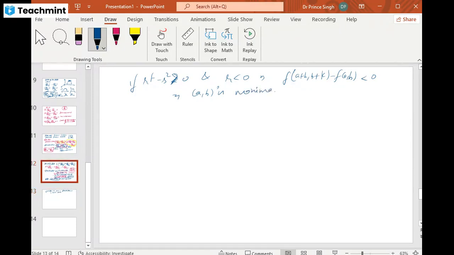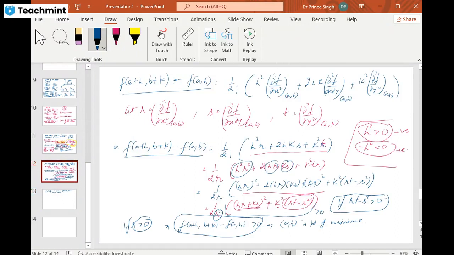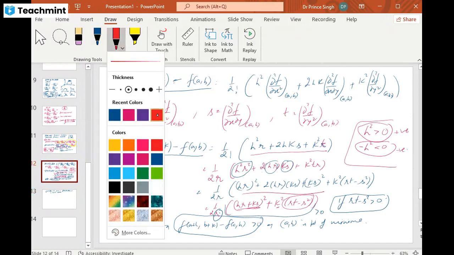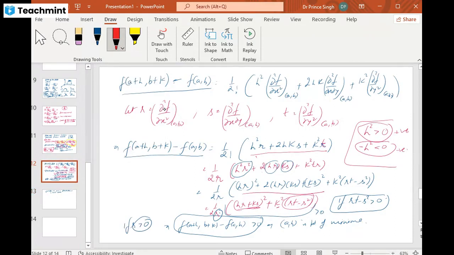Okay, the same kind of condition we can get if we multiply it with T also, right? For example, I'll show you. If I multiply it with T, then we get 1 upon 2T times h square RT, 2hs kt, plus k square T square, right?